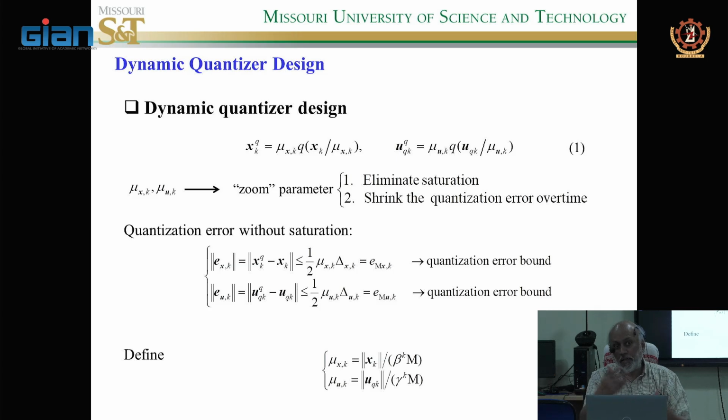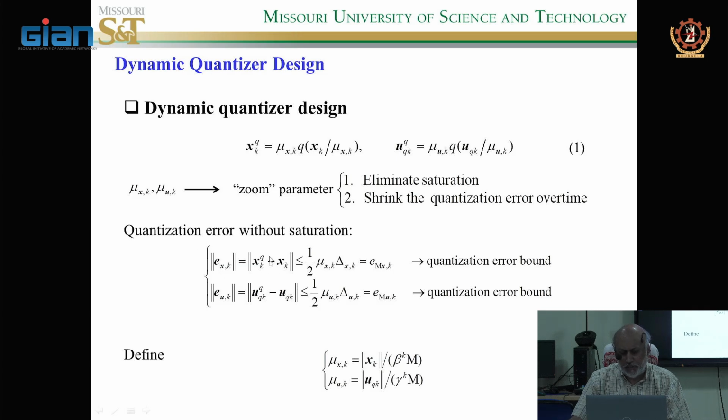Okay, so this is why, if you remember, they say that this company came up with a 64-bit processor or 32-bit processor. So those bits essentially make a difference for us. Okay? So the zoom parameter helps to eliminate the saturation, and it also helps to shrink the quantization error over time. Got it?